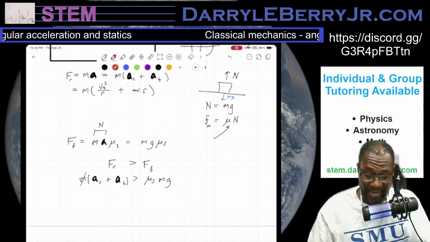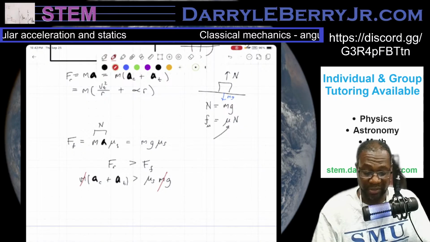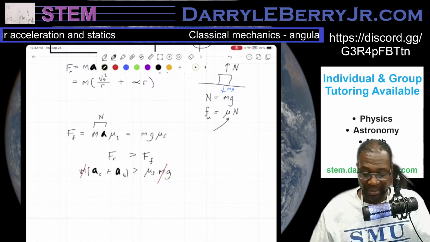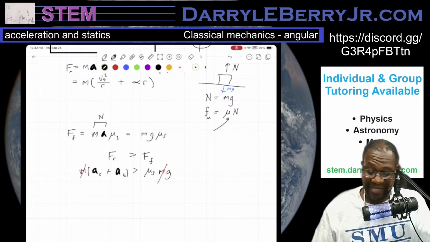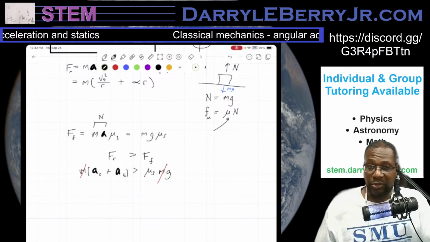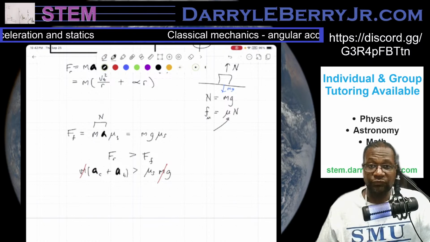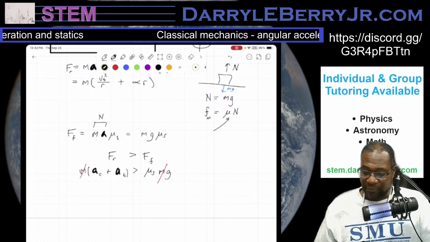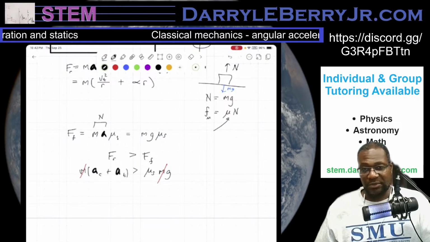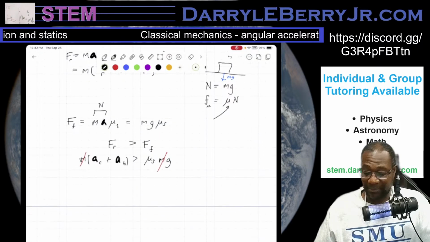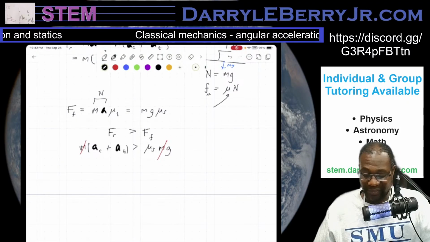We don't have the mass, but the mass cancels. The good thing about gravity is it pulls on all masses the same, so oftentimes masses cancel in these equations, which makes it very convenient. Sometimes when you're doing problems like this, the professor might give you a mass, and it can be considered sort of a trick to get you to waste time on things you don't need to. So be careful with that.